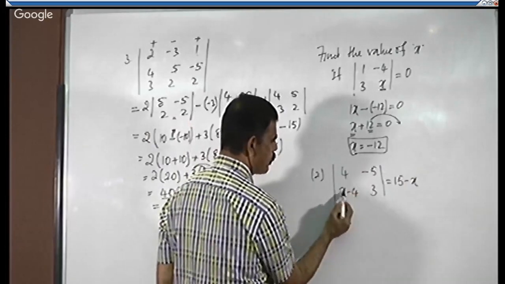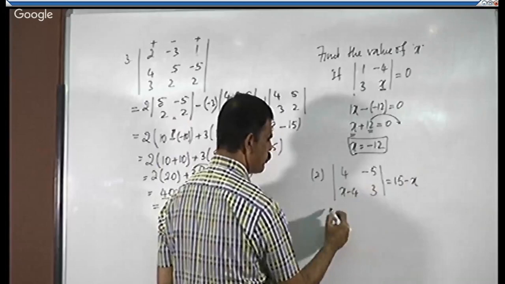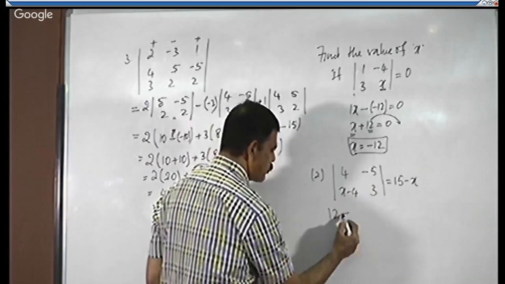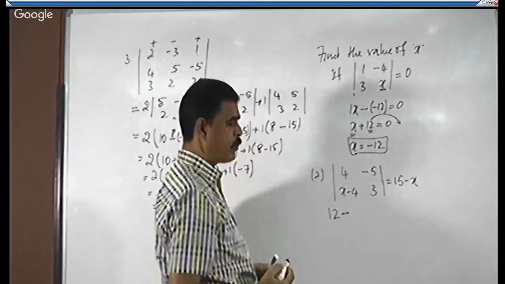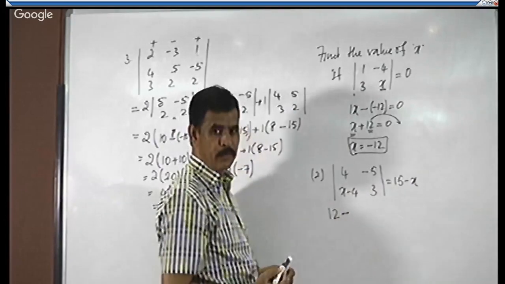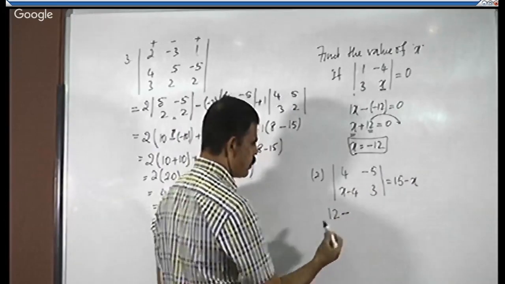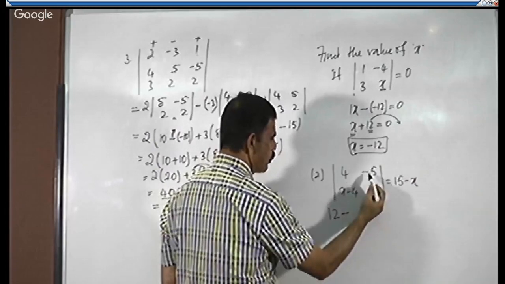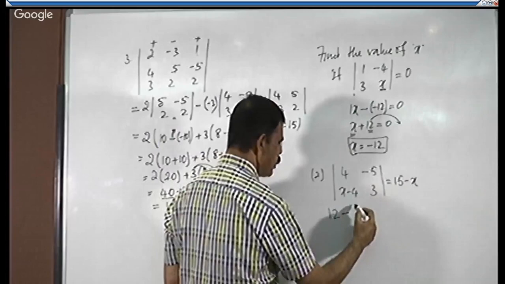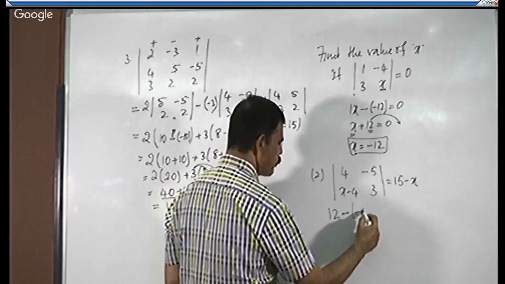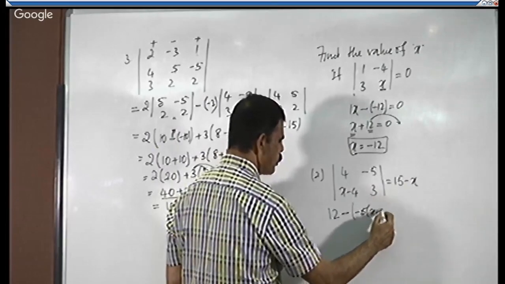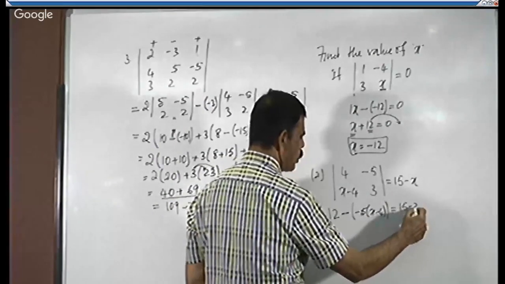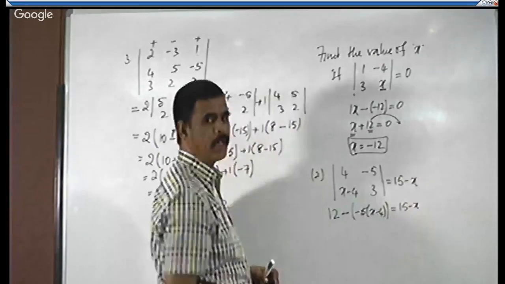Expansion of this second order determinant: 4 into 3 is what? It is 12. This is formula minus. Here you have to take care while writing the symbols, so that it does not lead to confusion. Write the formula minus, then take the product of these two. We have a minus 5, right? Put a bracket: minus 5 into x minus 4. If you write it separately, you will not have any doubt.